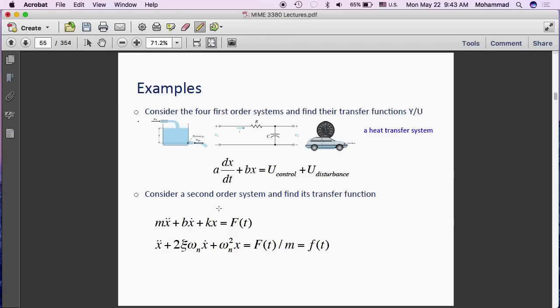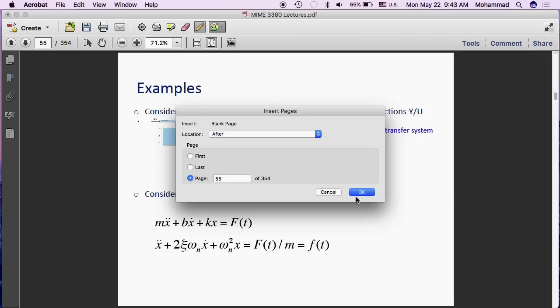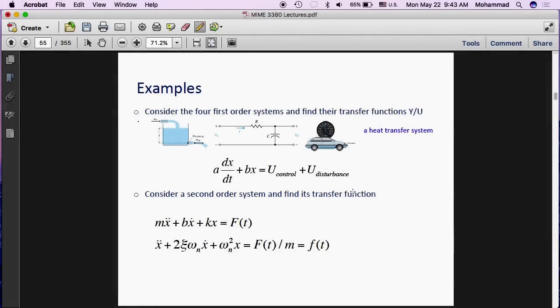You remember this form of the differential equation for a first order system? Let's find the transfer function of this differential equation.